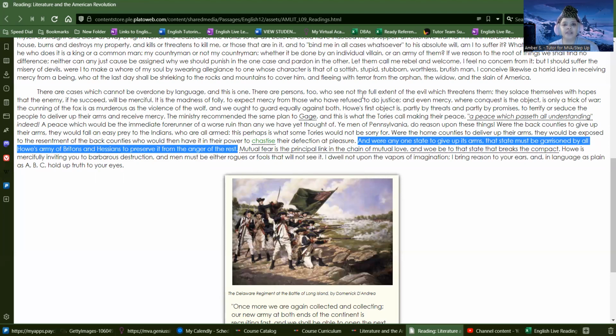If you have a state or county give up its arms, right, that means that the British are going to have to occupy it with their soldiers to protect it from all of the outside threats potentially. So there's lots of different types of outcomes that could happen. The British could punish everyone after they give up their weapons. The people from these areas could fall prey to the Indians, who are already hostile because of how things have gone down between the Americans, the British, and the Indians.